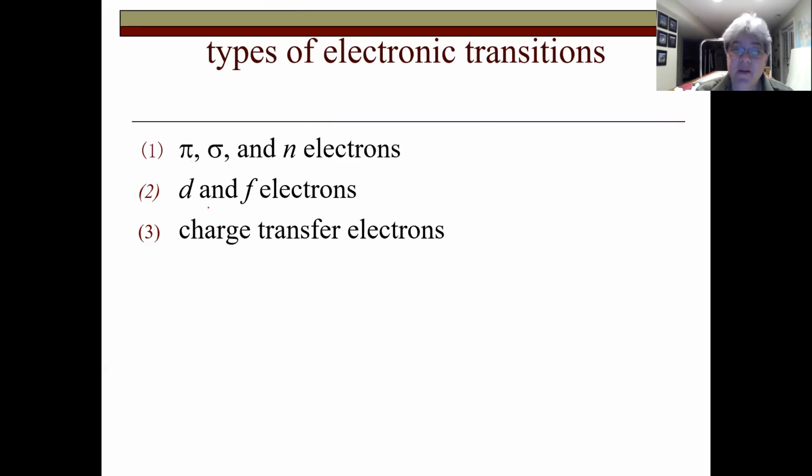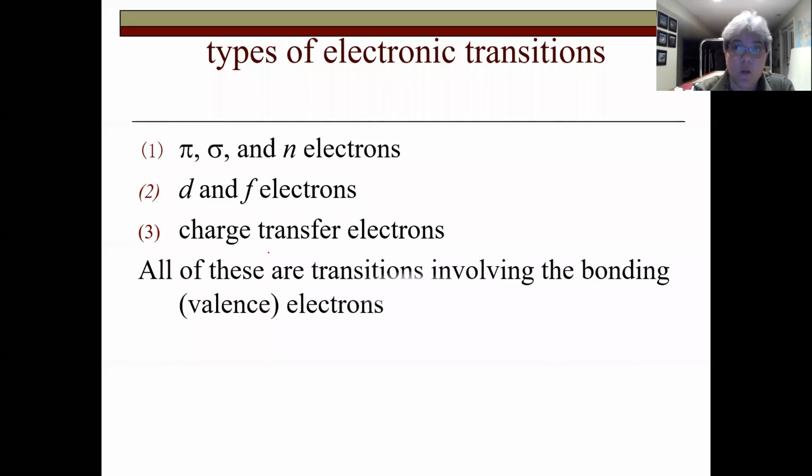Then we'll look very quickly at d and f electrons. These would be in inorganic molecules. And then charge transfer is usually a metal ion and then some organic complex that combine. Again, all of these transitions are electronic transitions that involve the valence electrons.